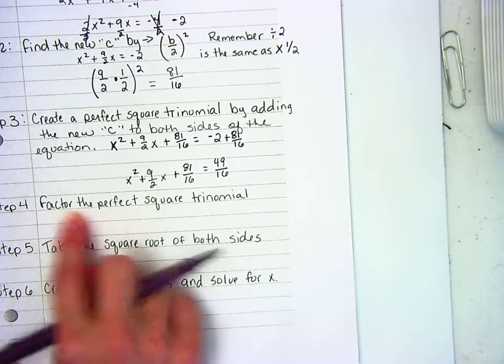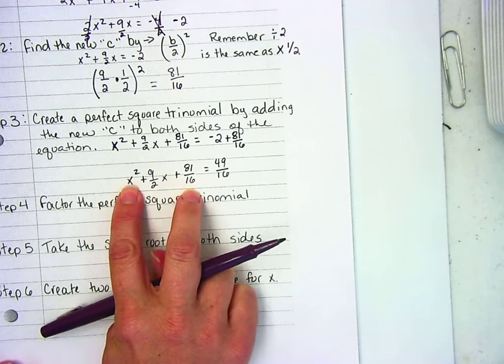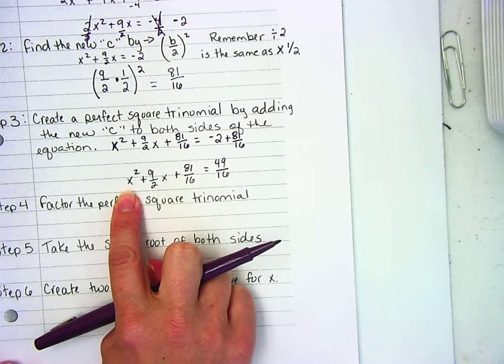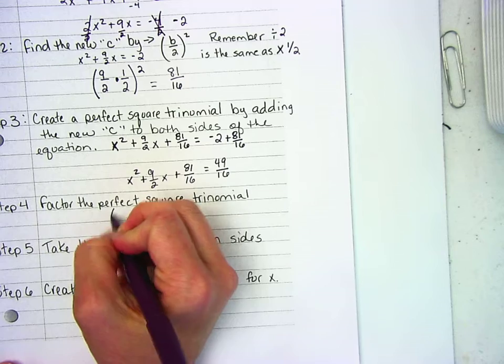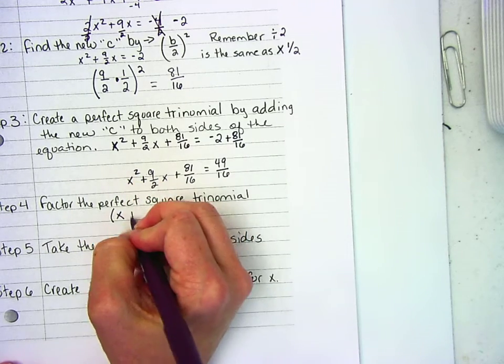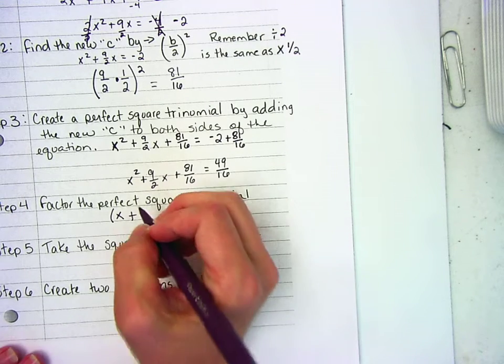All right, the next step says to factor the perfect square trinomial. All I'm doing is looking at my two ends. This first one, x times x, so that's part of my factoring, x. I see I have addition here, so I'm going to make an addition. If I square root 81, what do I get? 9. Square root 16 you get?